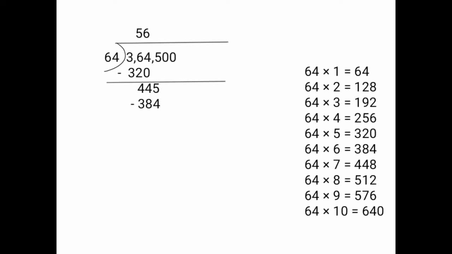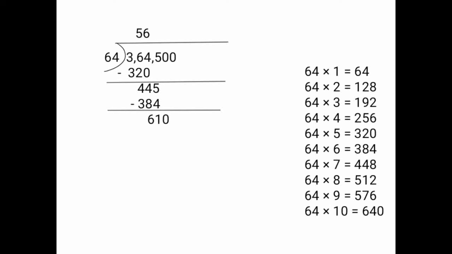If you are dividing, always take the last smaller number. So that's why you have to take 64 sixes. You have to subtract 445 minus 384. The answer is 61.